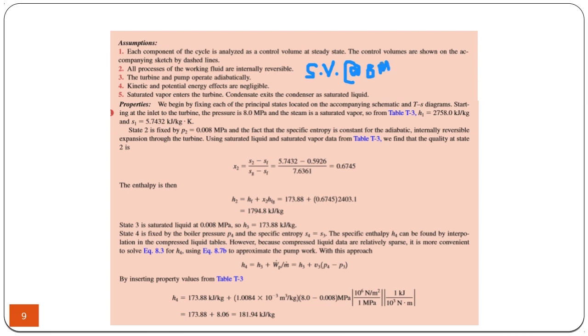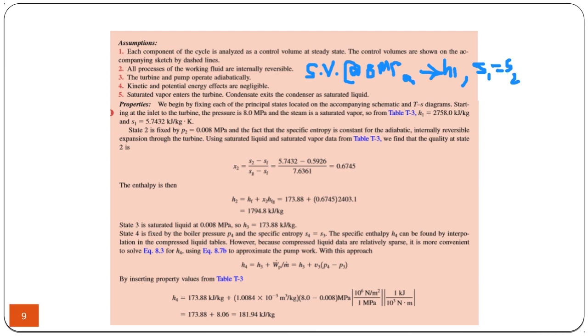So we need to go to the saturated vapor table and can read all the values such as H1, the exit of the boiler, which is the inlet of the turbine, and S1, which is equal to S2, because in the turbine, remember that the expansion is isentropic, so the S1 value will be equal to the S2 value, which is the exit of the turbine.